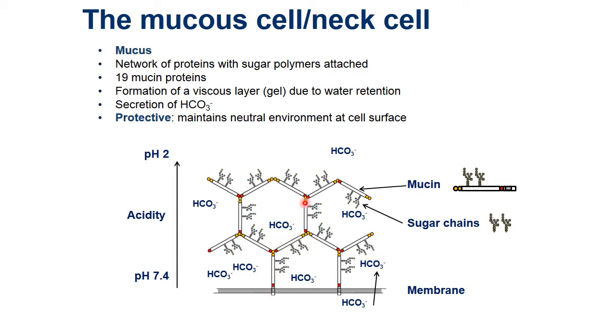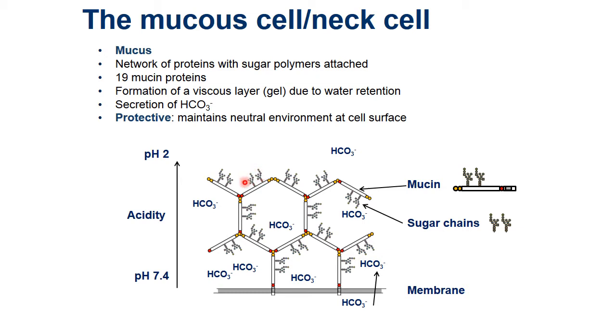Other mucins are secreted, and they are cross-linked together via disulfide bonds. Those are mediated via the side chains of cysteine residues. So these mucin proteins form a protein network.